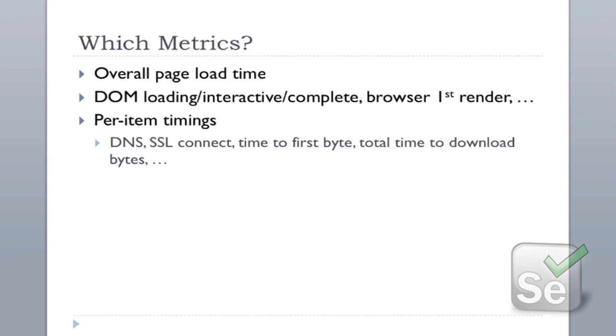Then you dive down further, and you may want, okay, I've got lots of items on my page, and the overall page load time is not really telling me much, because say I've got a CSS file or even a JavaScript file that's taking a disproportionate amount of time to download. So you may want to gather each item and say, okay, this took X amount of seconds to load, and the others were fairly fast.